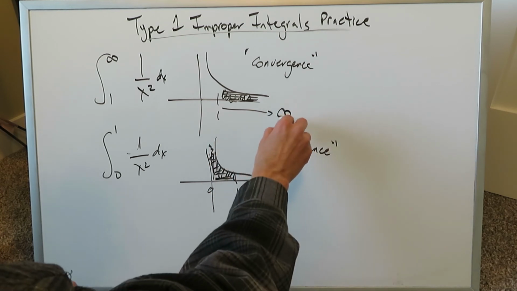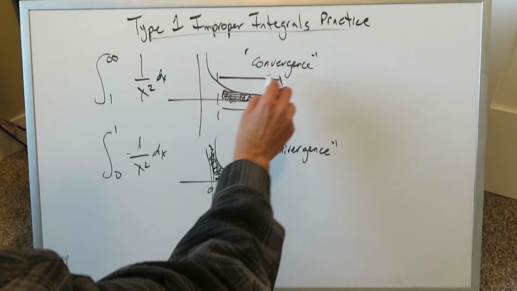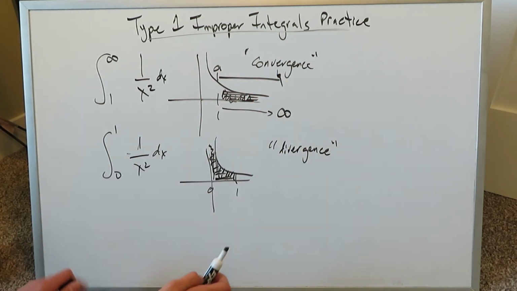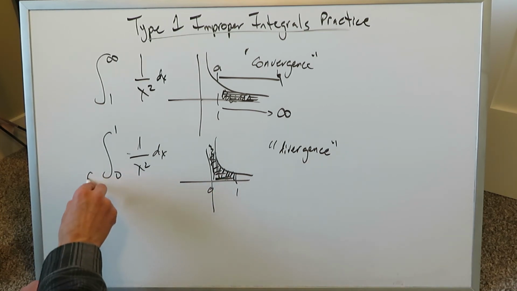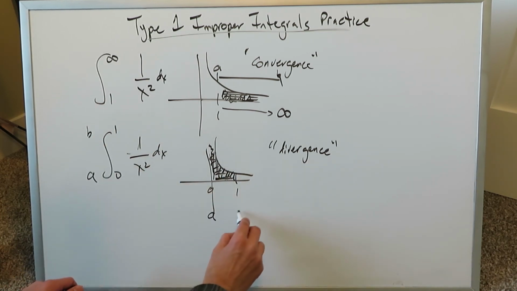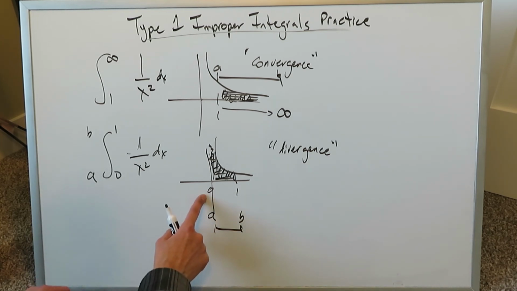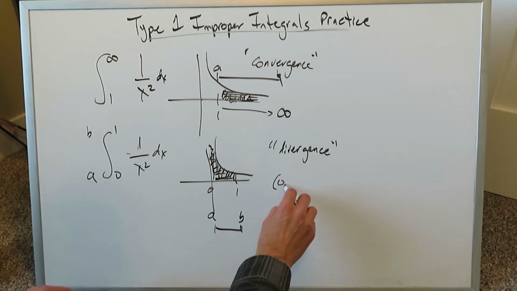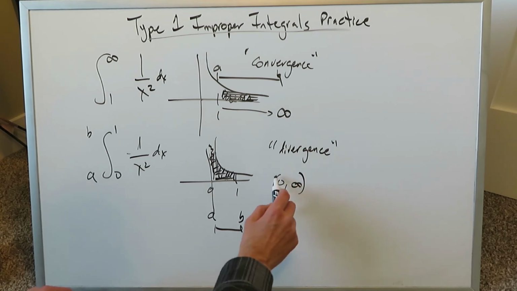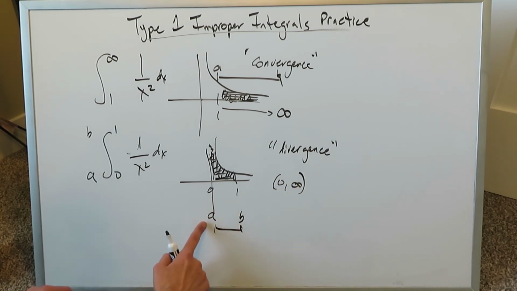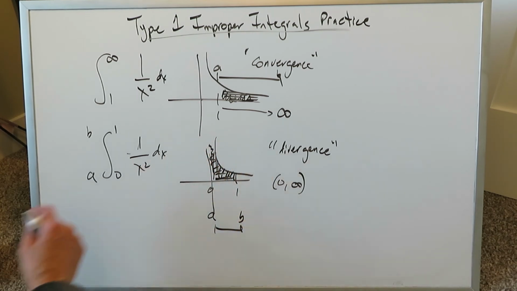From 1 up to infinity we have a complete continuous interval from a to b. But if this is our a and b, we no longer have continuity over this entire interval, because the domain is 0 comma infinity, and 0 is not included in the domain. You will have a bit of a discontinuity involved over here.